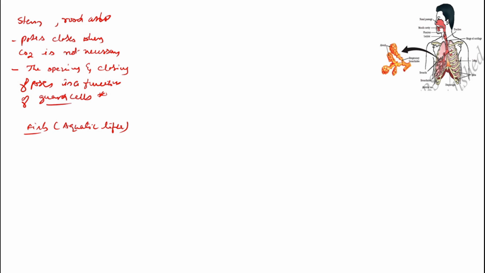That's why we breathe less compared to the fish, because oxygen dissolved in water is very less. That's why they have to breathe fast. This they may ask in the examination. So fish breathing is much faster.